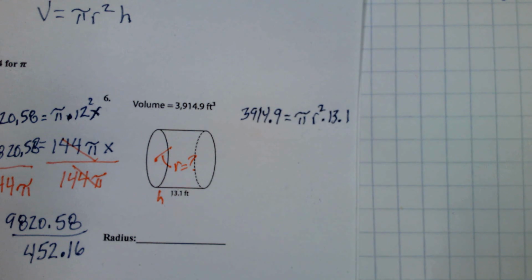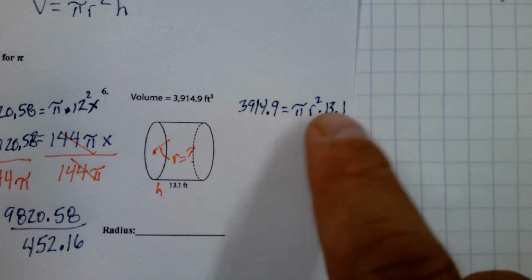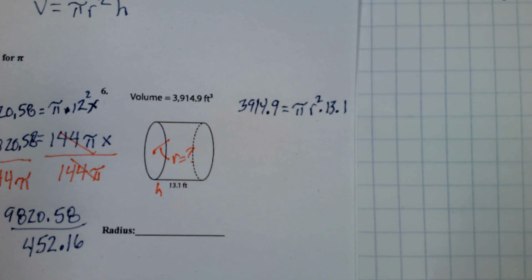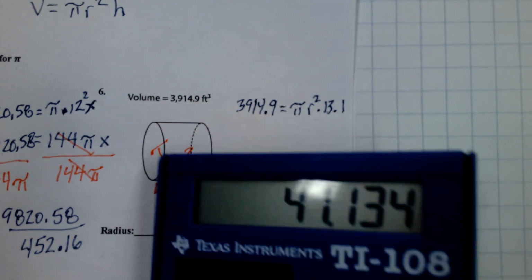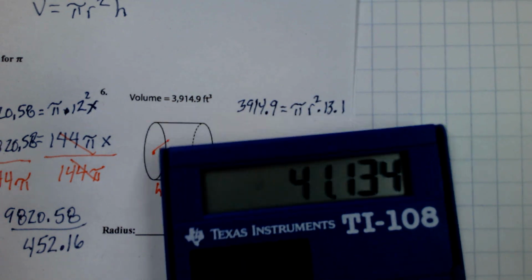Yeah, let's do that. So replace pi with 3.14 and multiply it times 13.1. I know we want to round, but use all the digits. We'll do the rounding at the very end. So write it as 41.134.